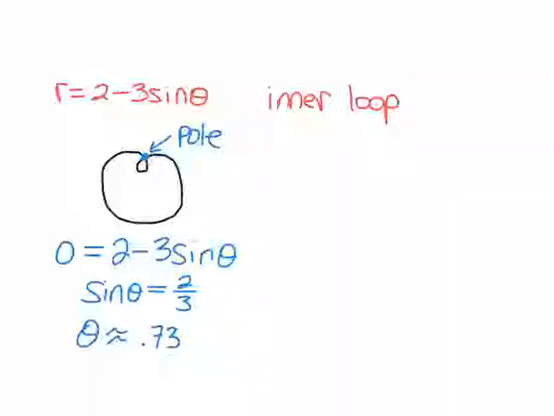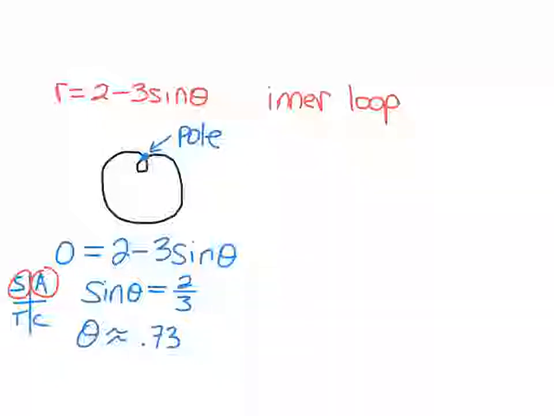So then we just need another location in which the sine function would also have a ratio of 2/3. So that's the part where it gets weird. ASTC tells us sine is a positive ratio in the first and second quadrant.